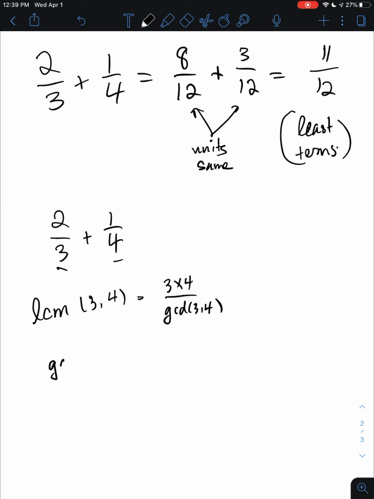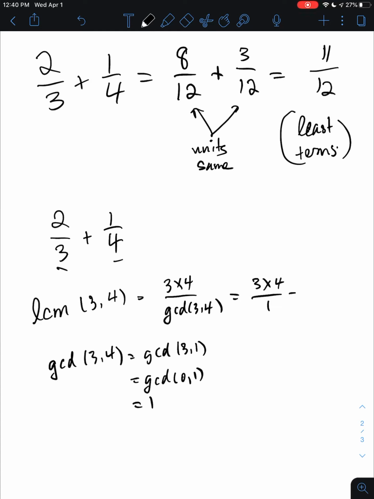Down here, I'm going to do the GCD of 3 and 4. That's the GCD of 3 and 1, which is the GCD of 0 and 1 using division, and that is 1. So there is the number 12 is our LCM.